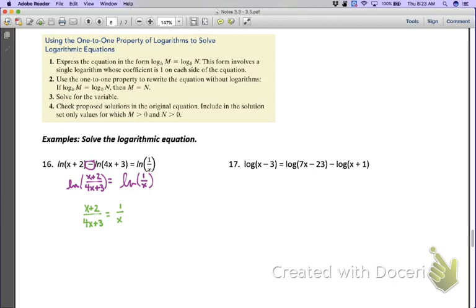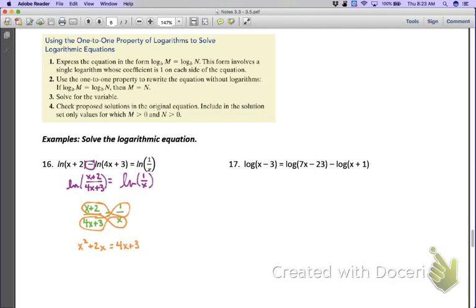What have you done before? Cross multiply, right? Remember doing that? So x squared plus 2x equals 4x plus 3.